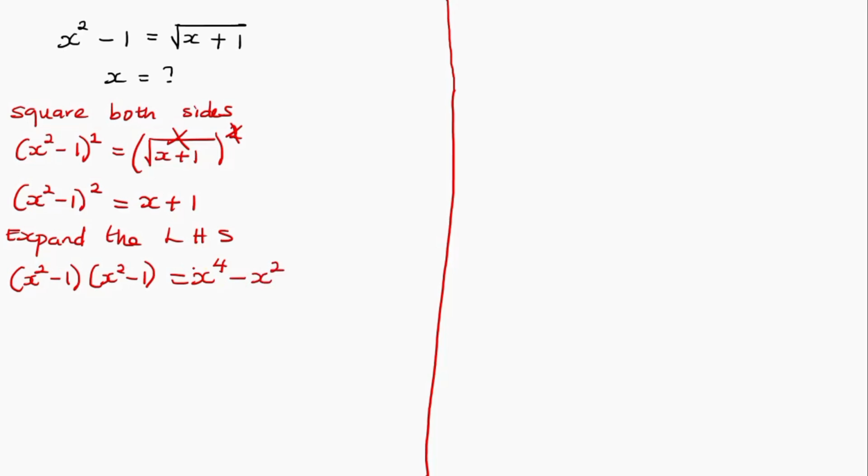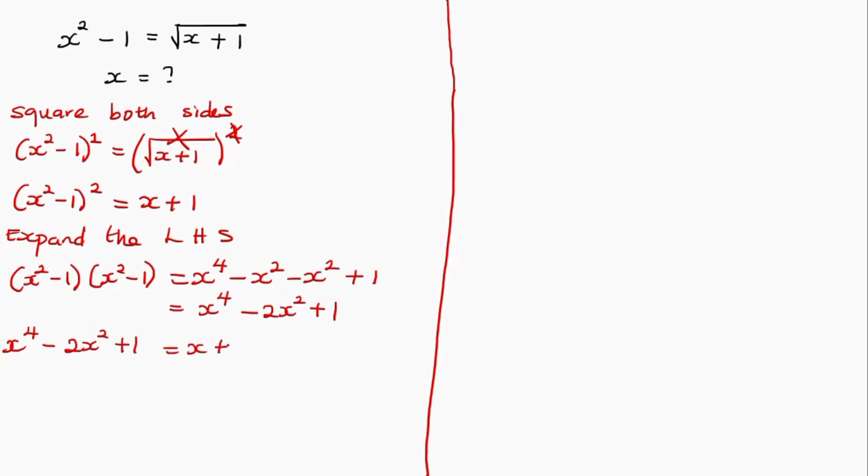Minus 1 multiply x squared, we have minus x squared. And minus 1 multiply minus 1, we have plus 1. And this is going to give us x raised to the power of 4, minus x squared minus x squared gives minus 2x squared, plus 1.